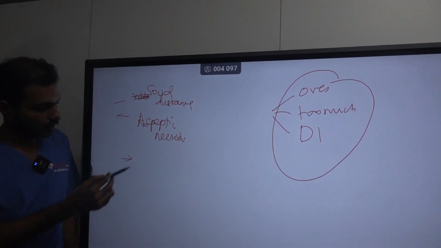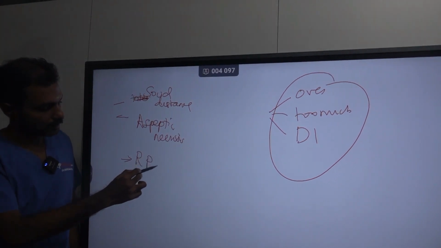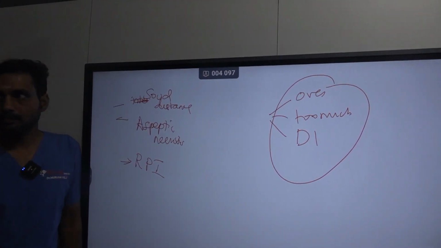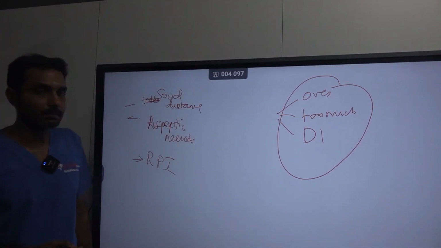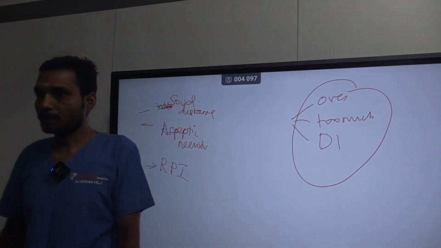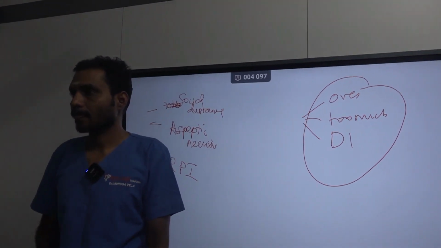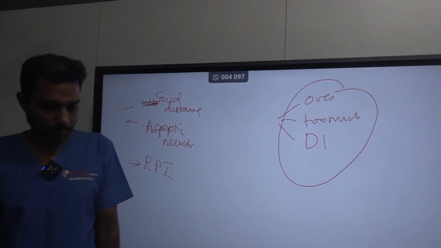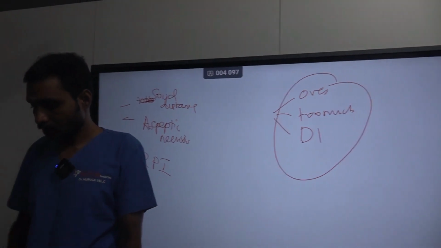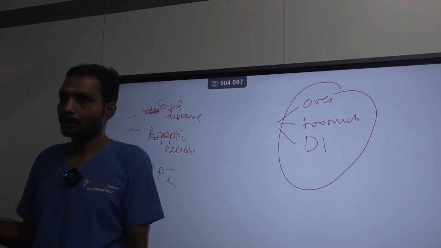Next is retrograde periimplantitis. In tooth you get periapical infection, periapical periodontitis.